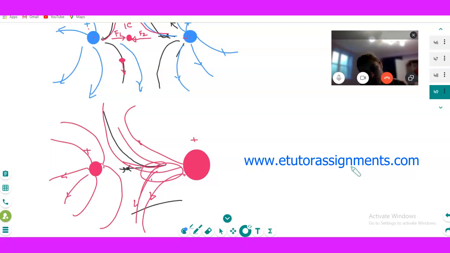So it's supposed to go inside, like this. You draw, complete your drawing, then I will.